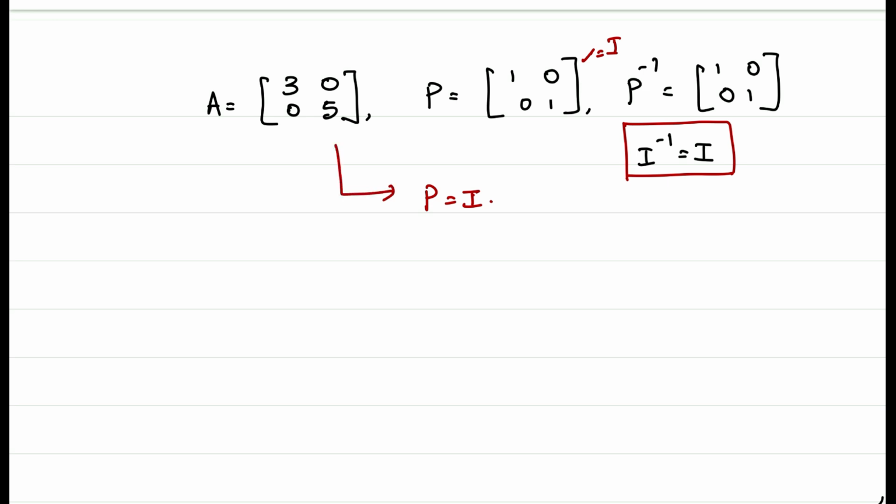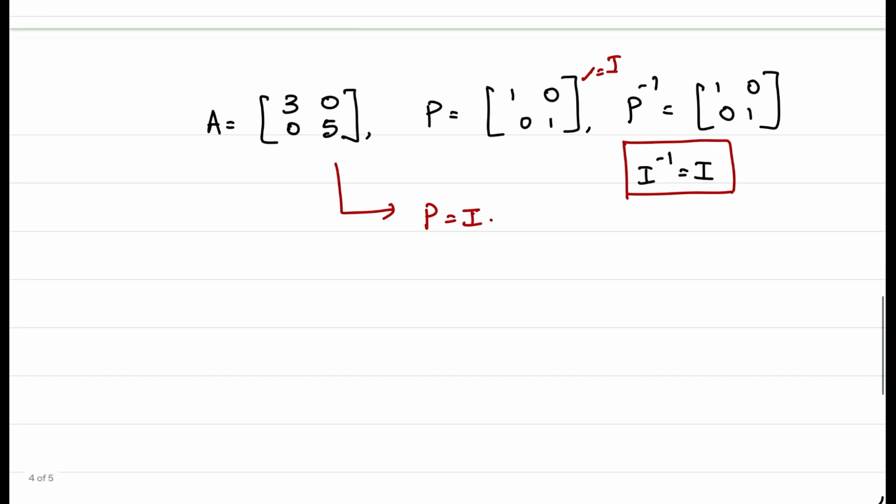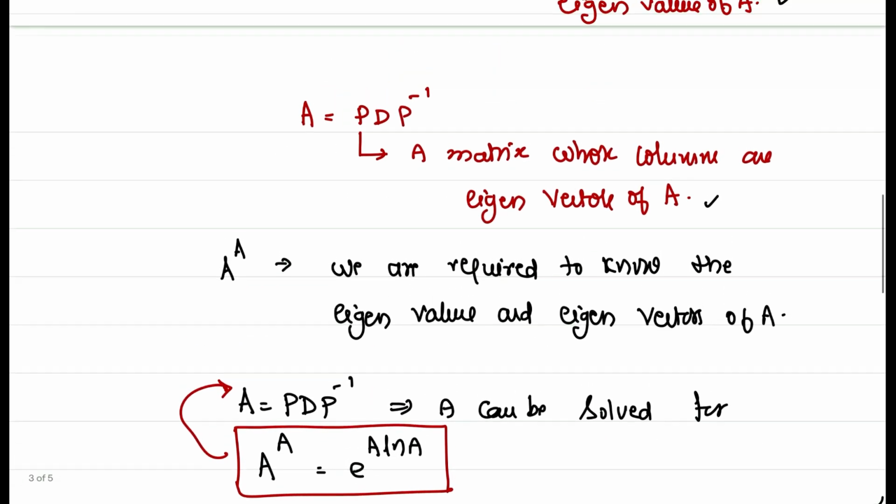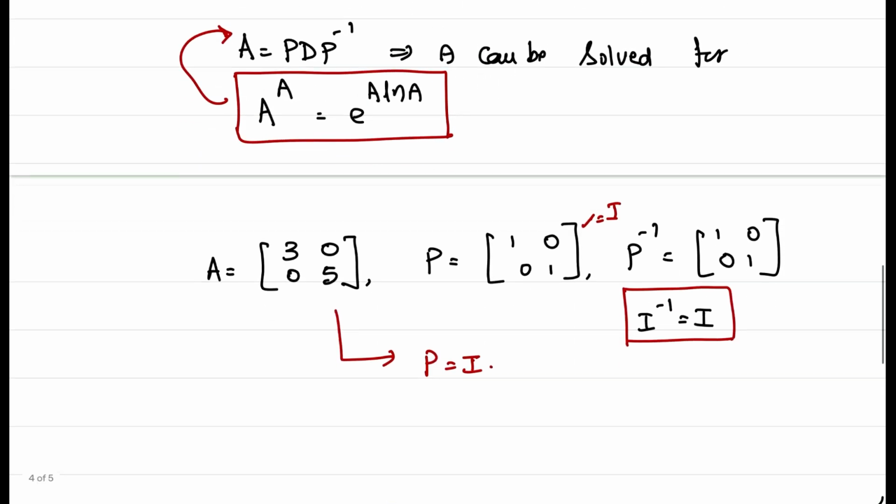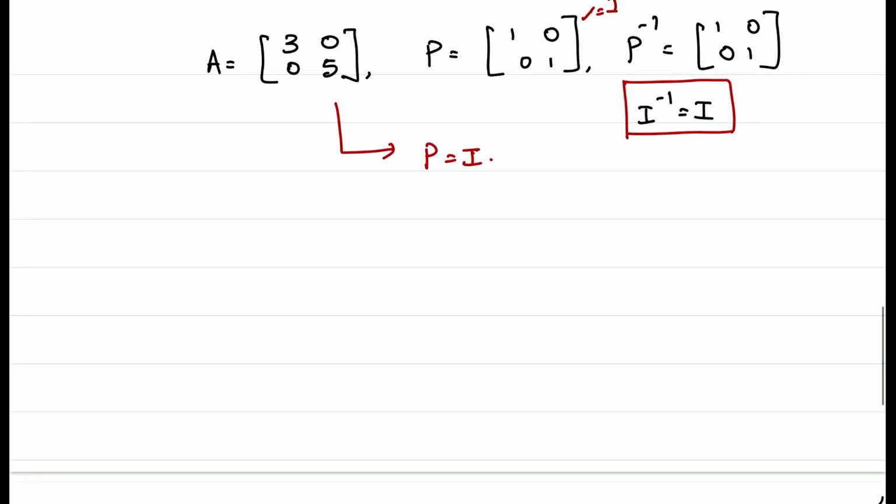Please prove this. Find out the eigenvalues and prove that P is equal to I. P is nothing but a matrix whose columns are eigenvectors. This is eigenvector 1, this is eigenvector 2.